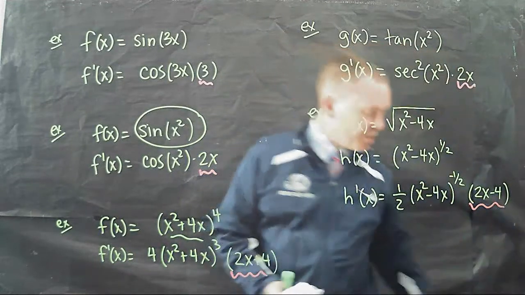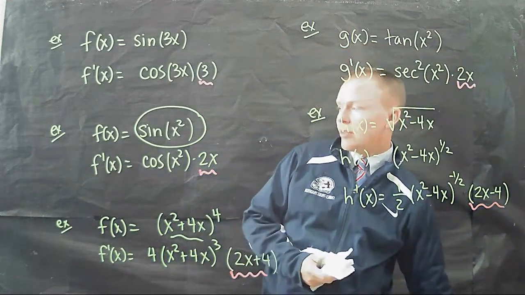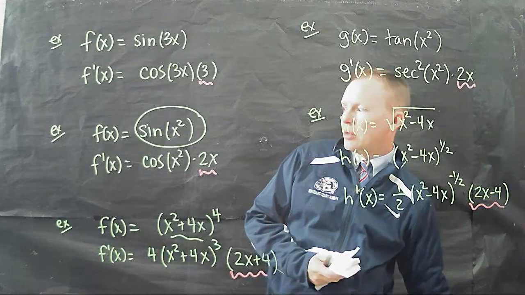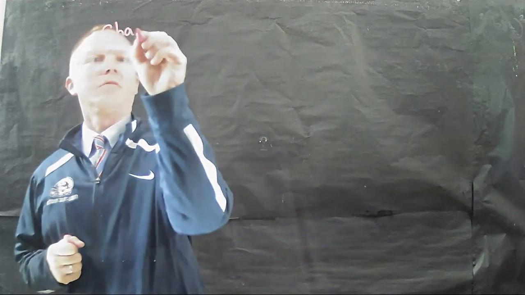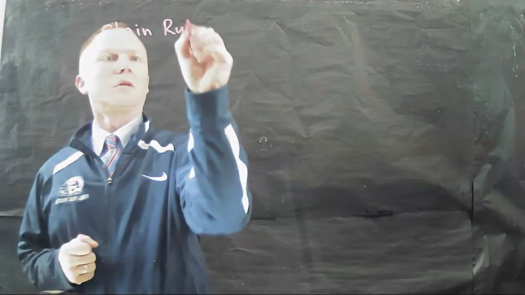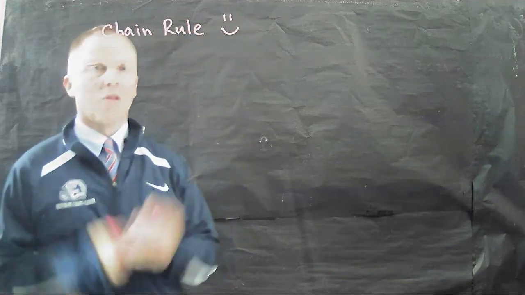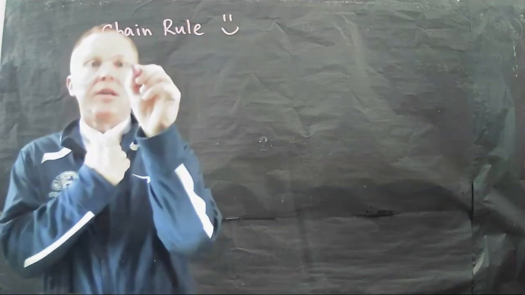So I'm going to erase the board here. We'll state this formally a couple different ways, and then we'll do some more examples. Okay. Oh, sorry. We're back. So the chain rule formally stated is this.